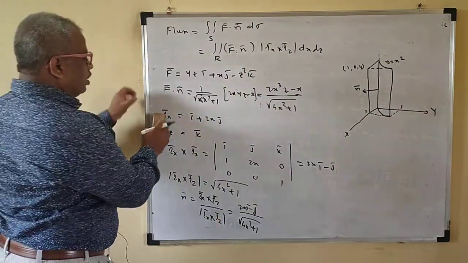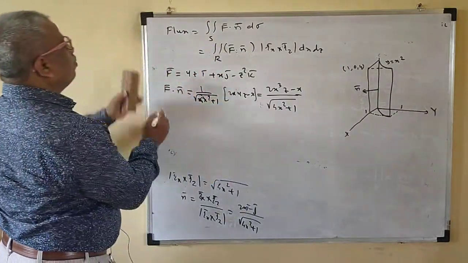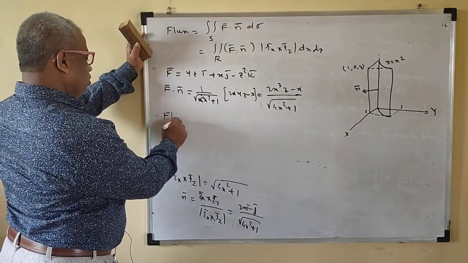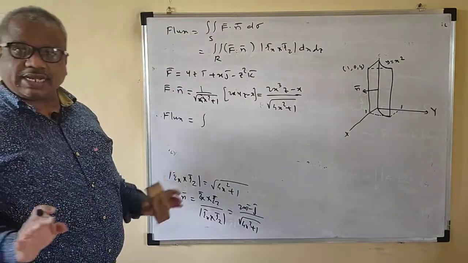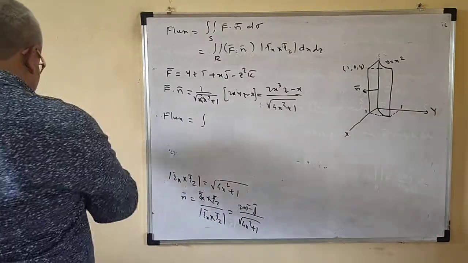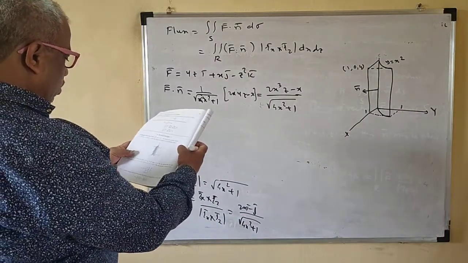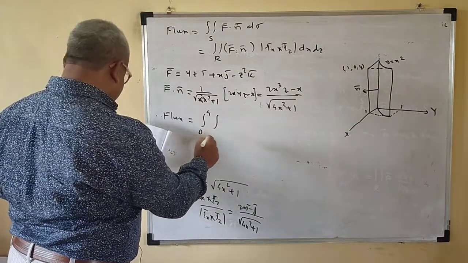Therefore flux is equal to the integral with limits of x and z, which are known to you. They are provided in the problem. The limits of z are 0 to 4, and the limits of x are 0 to 1.